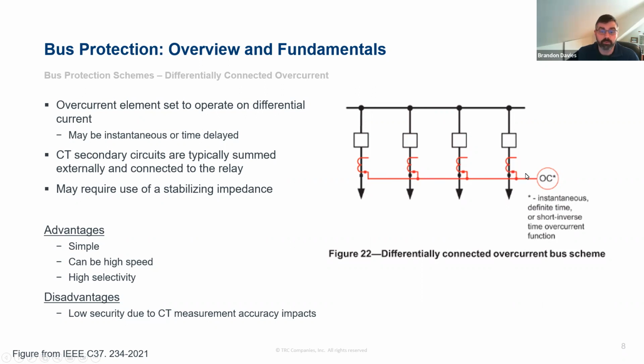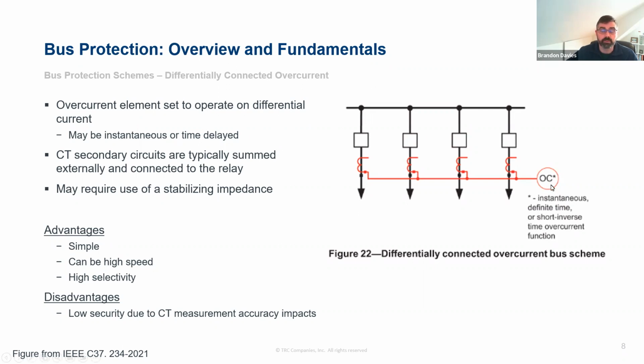So again, it's going to be 0 amps or near there when you have a non-bus fault condition, whether it's load or an external fault. And then you'll have the fault magnitude on there when you have an internal fault. And that just gets connected up to a very basic phase overcurrent relay, which in some cases may be instantaneous, or you can provide a time delay, either fixed time delay or an inverse time type characteristic.